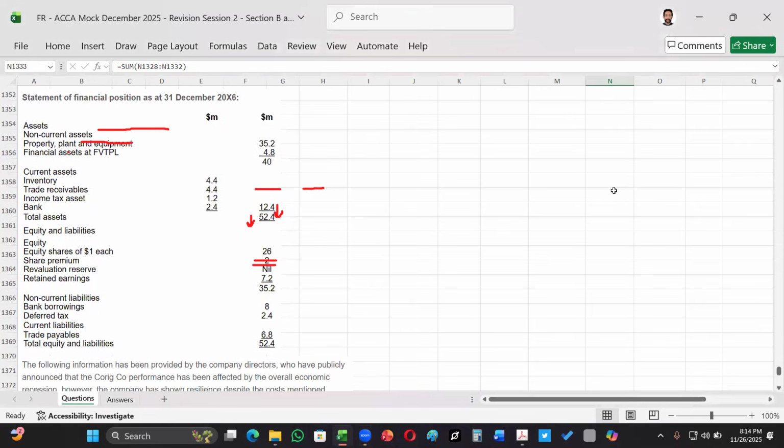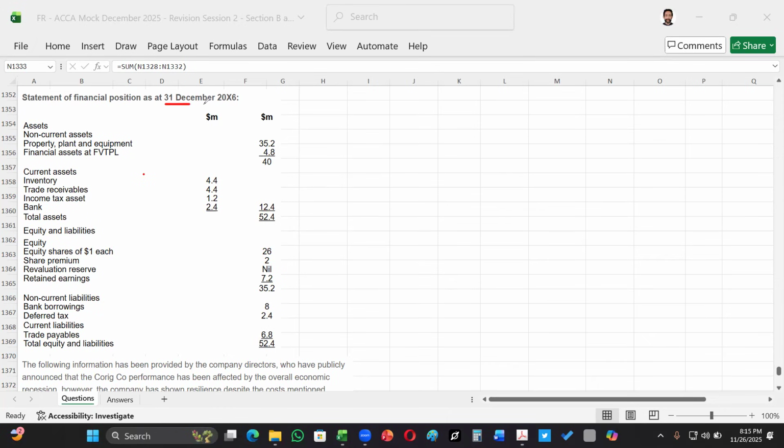Moving on to the statement of financial position, we can see the information. We have the property, plant, and equipment. We have the financial asset at fair value through profit and loss. You see, this seems to have gone down in the same year because we see a charge related to it. And we have inventory, trade receivables, income tax asset, bank, and this equity.